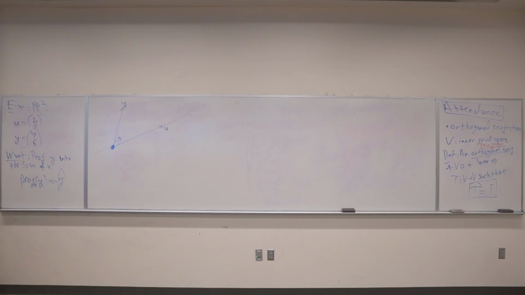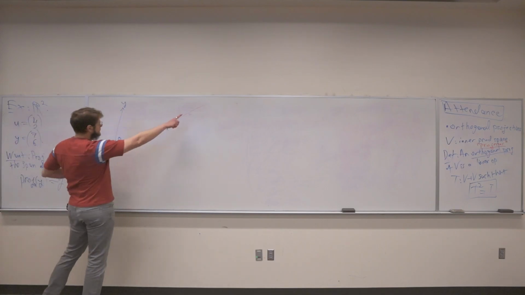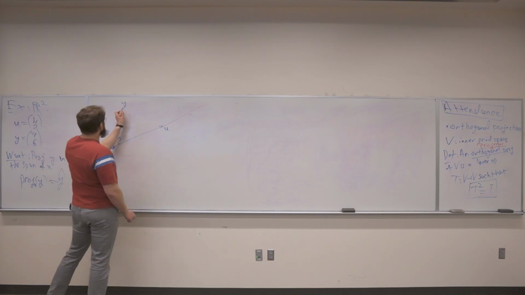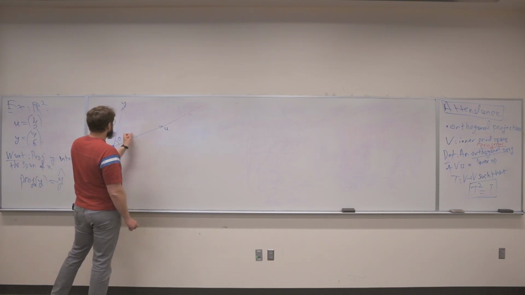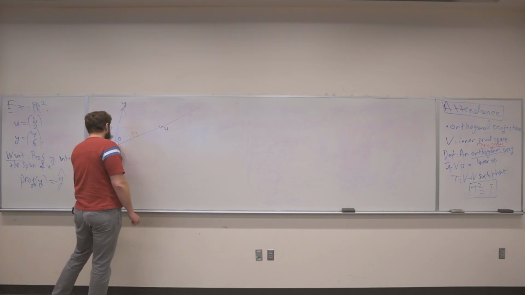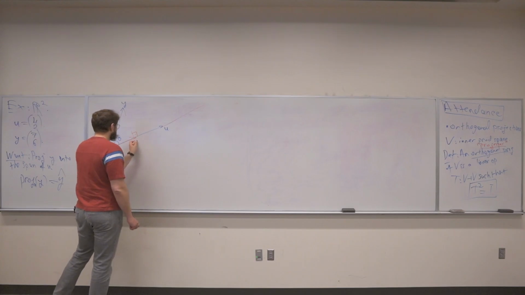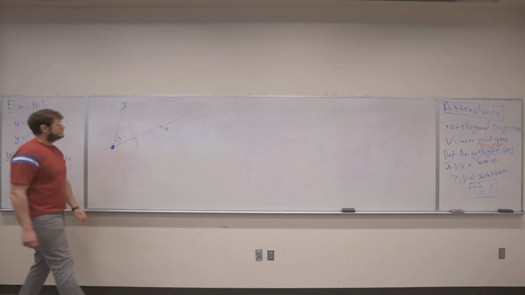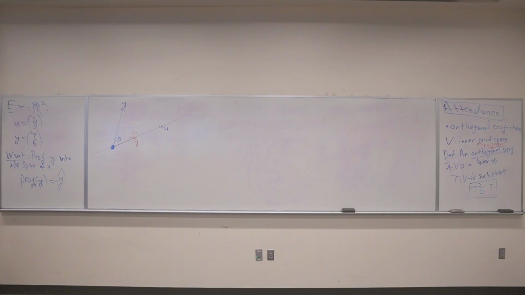In this picture, y hat is going to be this orthogonal projection of this vector onto this. Well, you draw this line. This is going to be the orthogonal projection of y onto the span of u, or onto u.